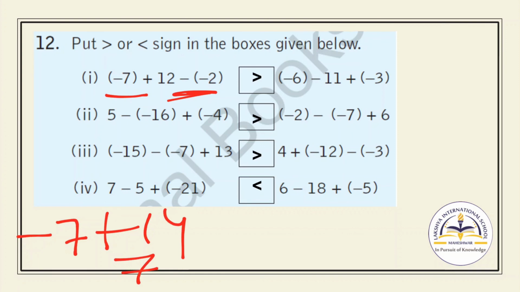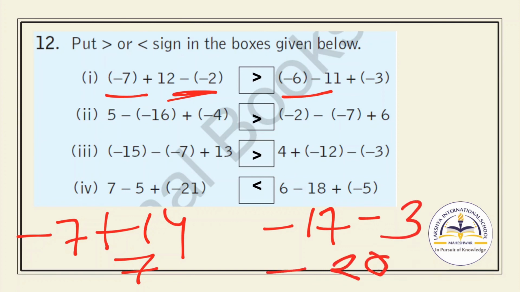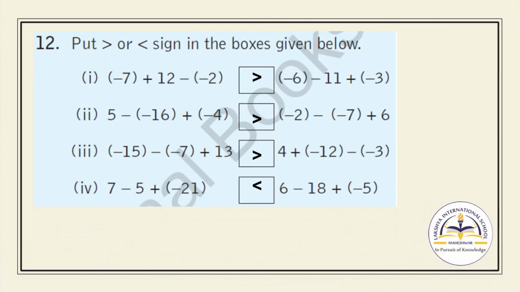Here the answer is 7. Now here minus 6 minus 11 means minus 17. Now plus minus minus 3, minus 20. So you can see 7 is greater than minus 20, so we have to put the greater than sign. This is our answer. So like this we have to solve. You have to solve both sides and then put the sign.